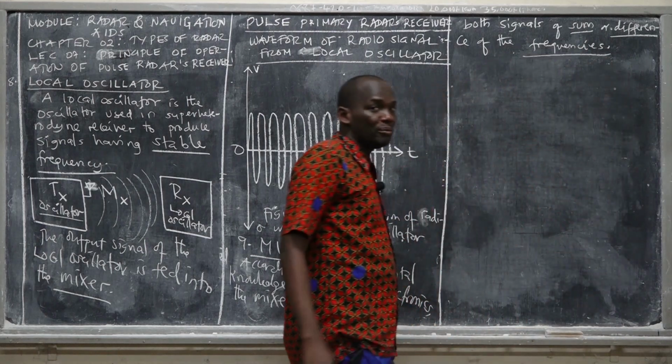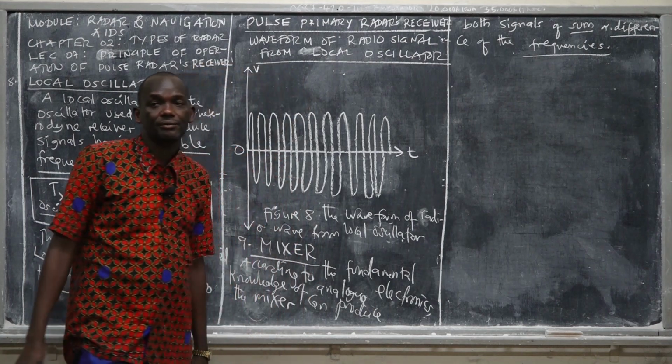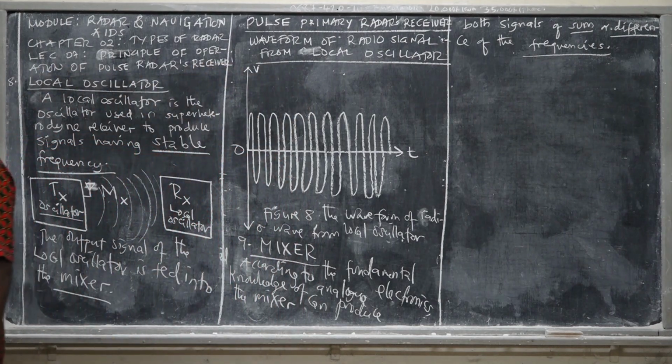The type of mixer that we are discussing will be mixing the stable signal from the local oscillator and the amplified modulated RF echo.